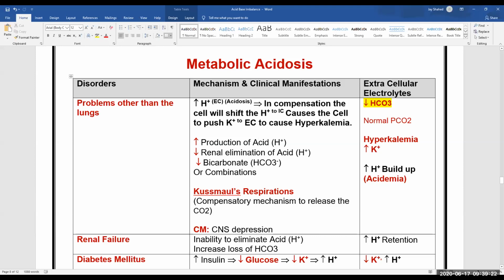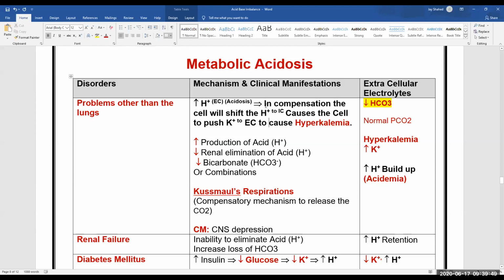So what's going on here? The increase in H, if you remember, I talked about this, that leads to hyperkalemia, and how hyperkalemia is affected in this case. You guys remember I said metabolic acidosis can lead to hyperkalemia, and that was the mechanism here.